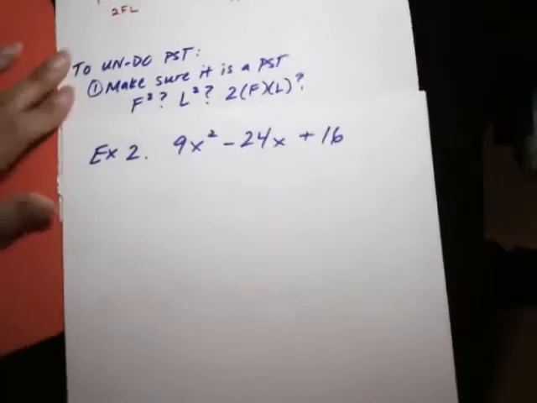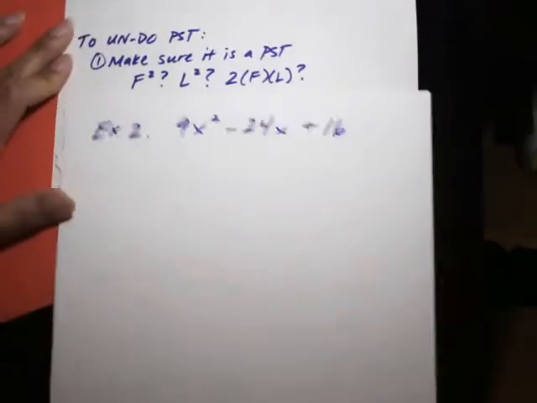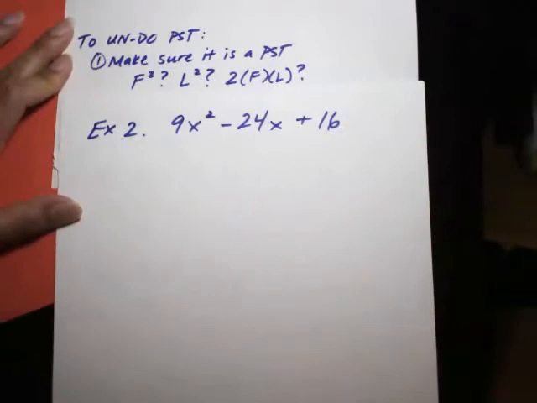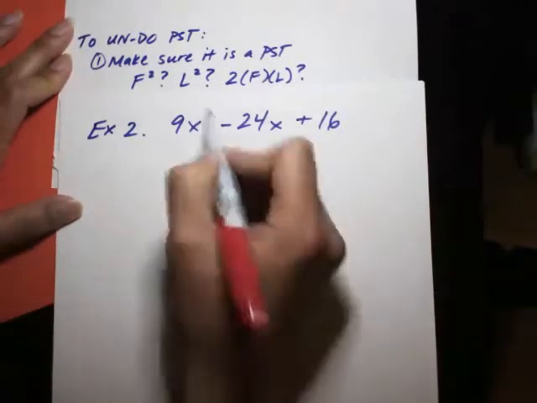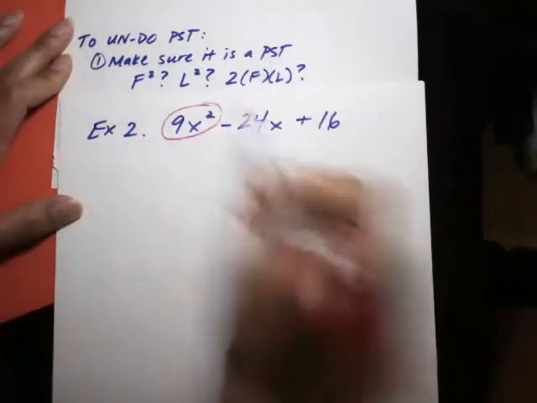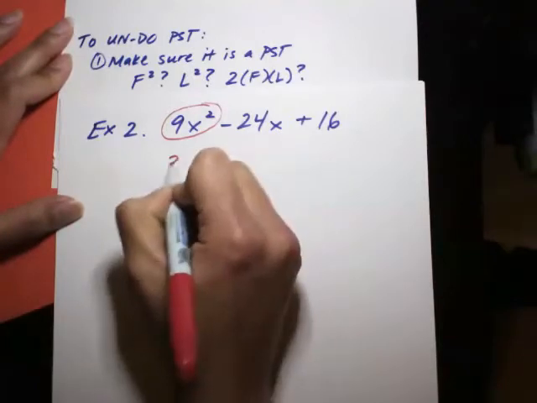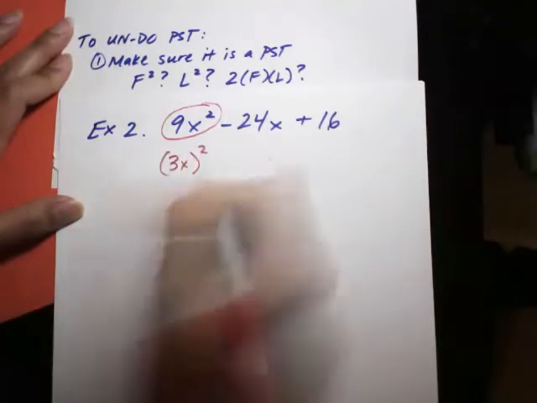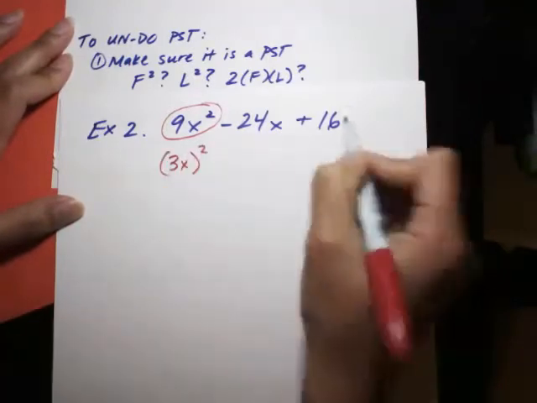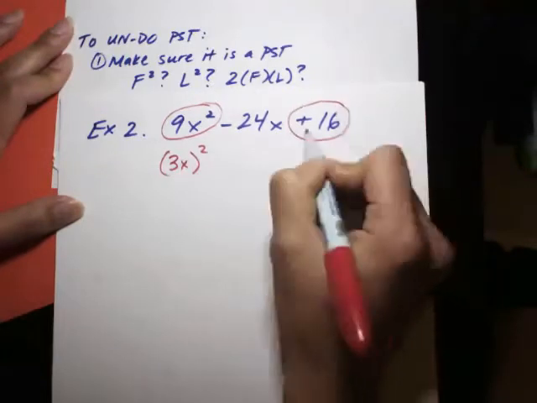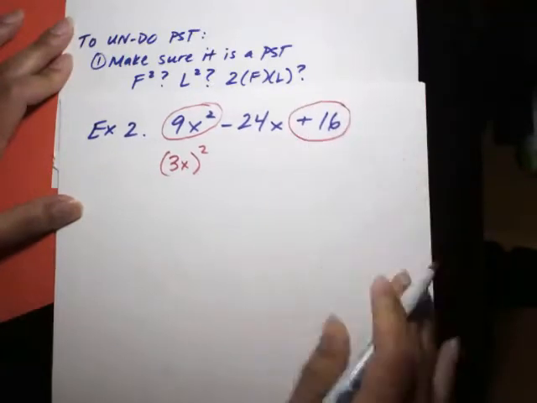I'll keep the instructions up here, so we'll start off making sure that this is a PST. Let's check our first term. The first term is 9x squared, and that is a perfect square. That's 3x squared. Let's check our last term. It's a positive 16. Remember, it has to be a positive.